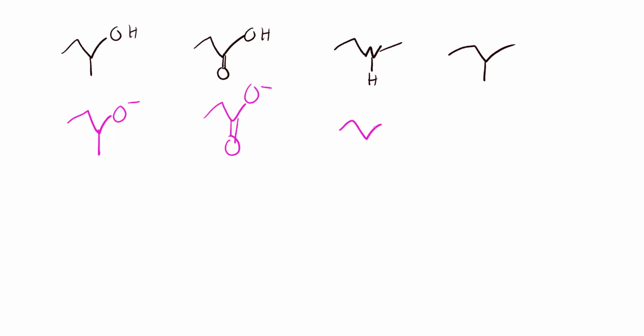So let's see. Nitrogen with hydrogen. Right there. So that would make it what? Negative, right? Because 5 minus 4 is 1. 1 minus 2 is -1. And for this one, this is kind of special, right?